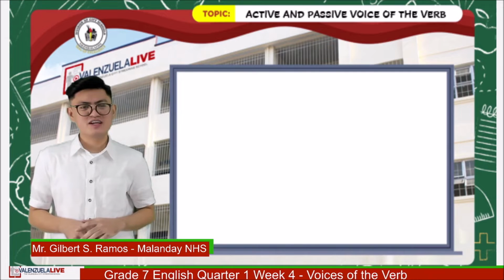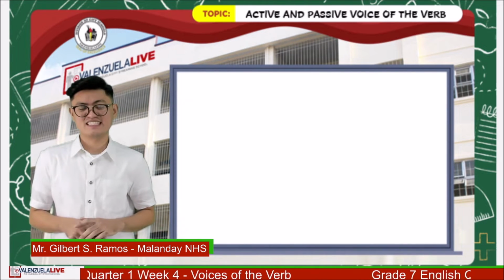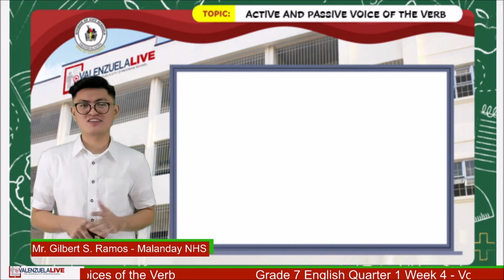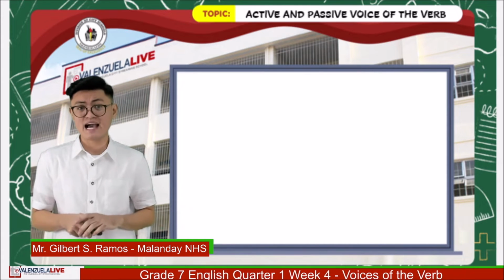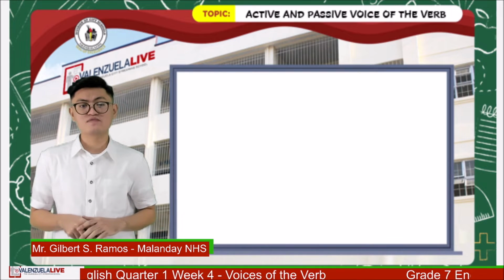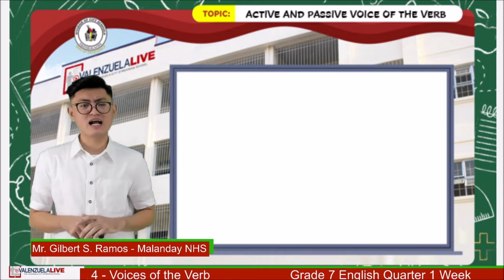What if the verb is in perfect tense? To recall, verbs in perfect tense contain helping verbs such as has and have for present perfect tense and had for the past perfect tense. Let me give you an example.